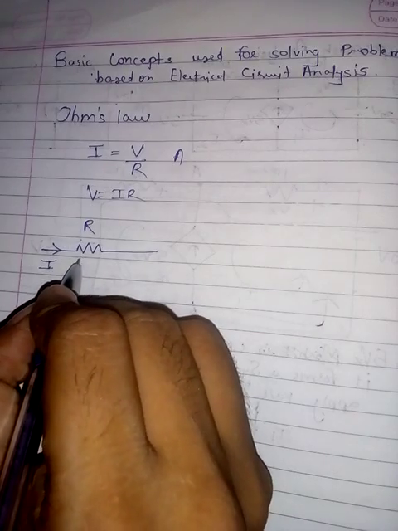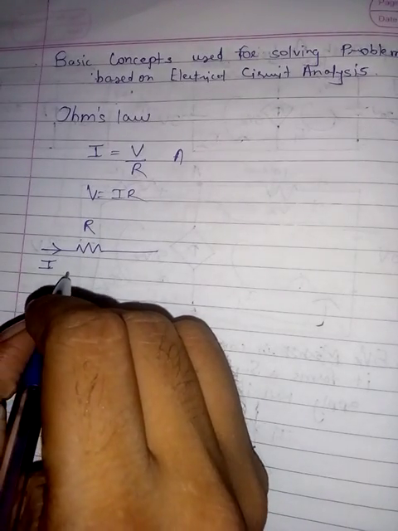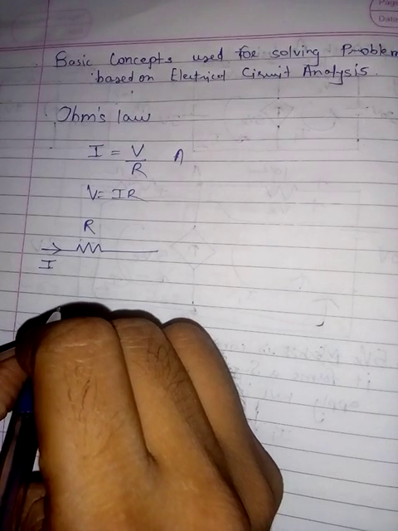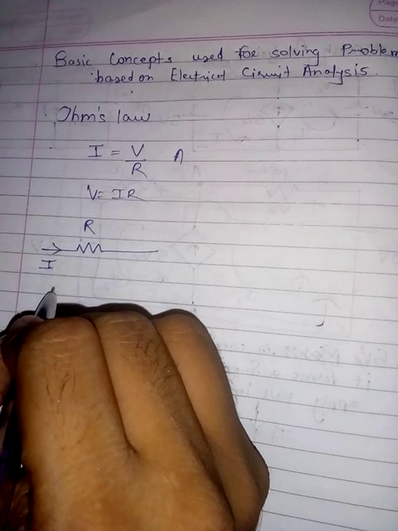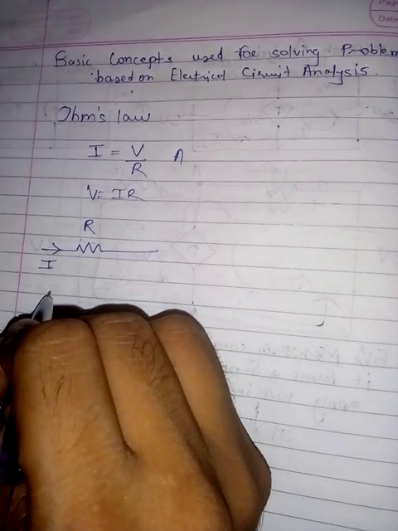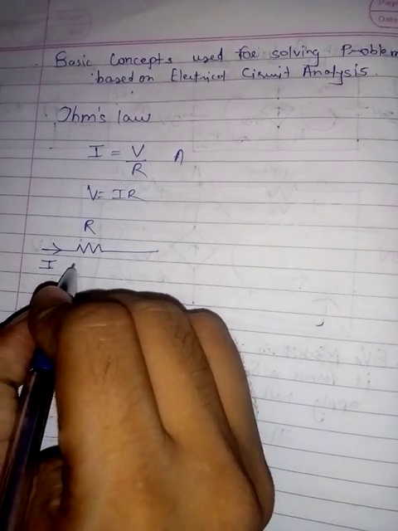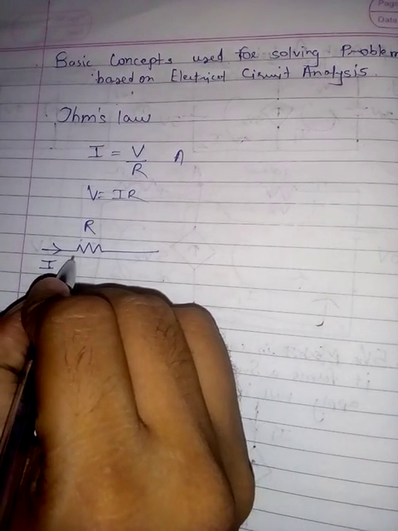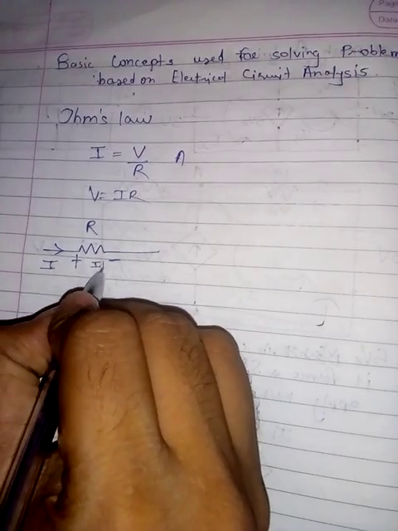Then there will be voltage drop across resistor R. The value of that voltage drop is I into R, that is V, similar to Ohm's law. But what is the polarity of that voltage drop? Since current is flowing in this direction, the polarities will be positive here and negative here, and the value of this voltage drop is I into R.